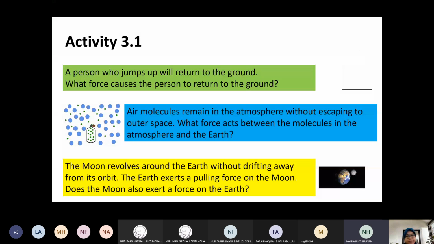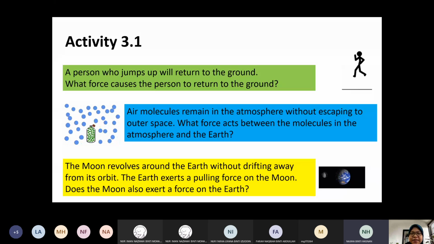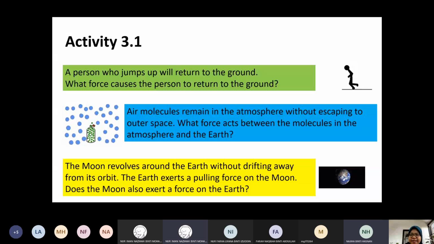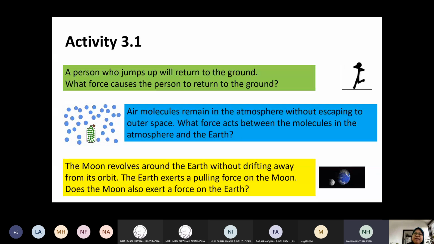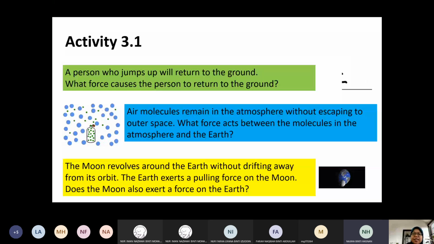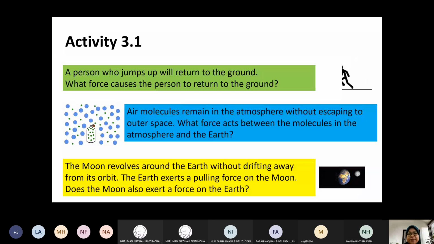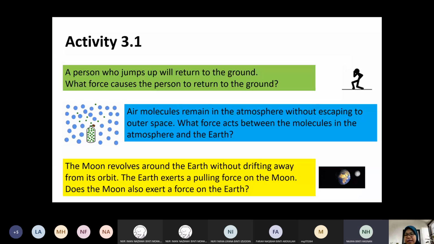Kat bawah. Yes or no? Yes. Okay. What's the name of the force? Anyone? Gravitational force. Oh, dah belajar kan dari dulu. So all the answers for all the questions is gravitational force.